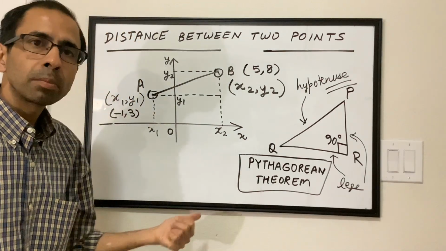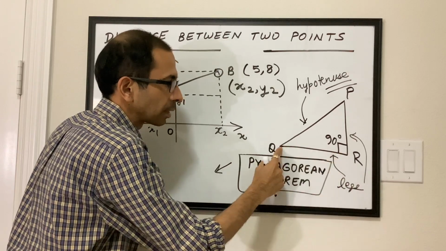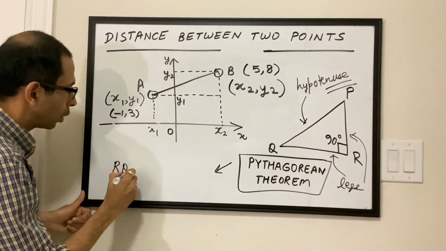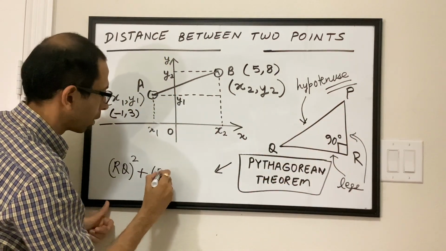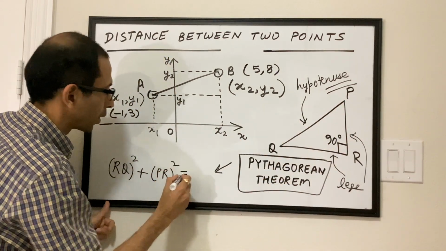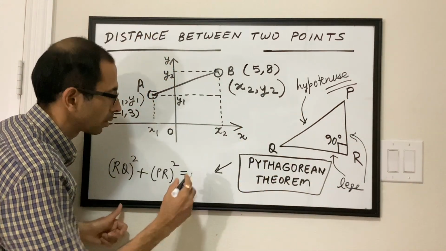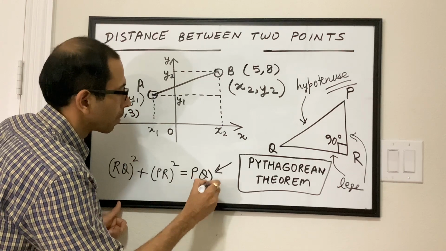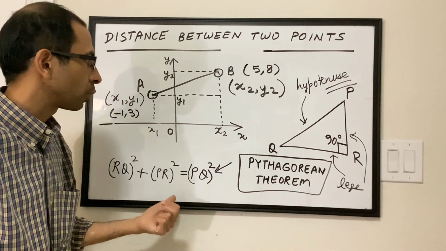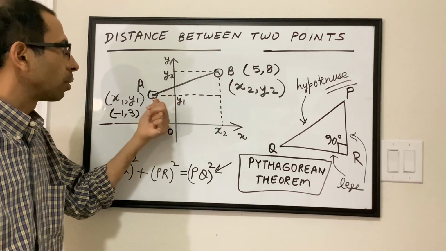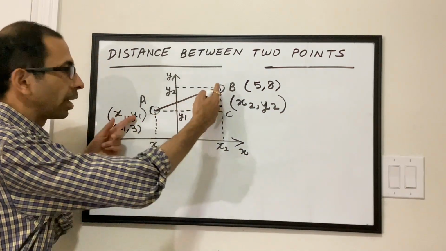Now what the Pythagorean theorem states is that the sum of the squares of the legs, so RQ square plus PR square, the sum of the squares of the two legs is equal to the square of the hypotenuse. Right. We are going to see how we will use this Pythagoras theorem directly in finding out the distance between the 2 points. Let's now try to find the length of AB.